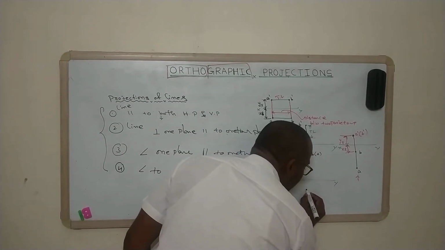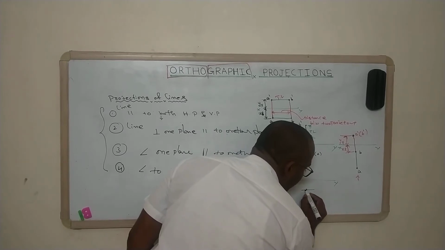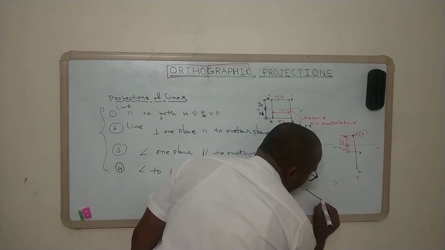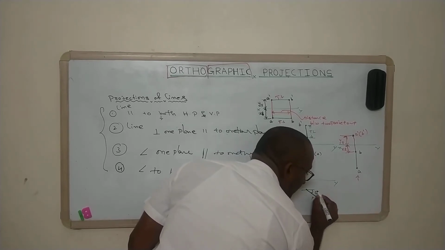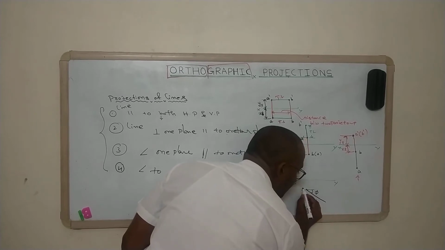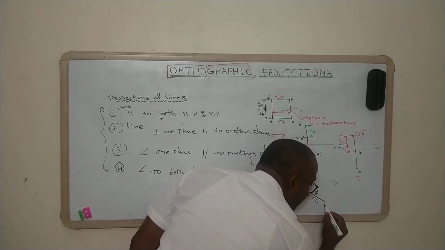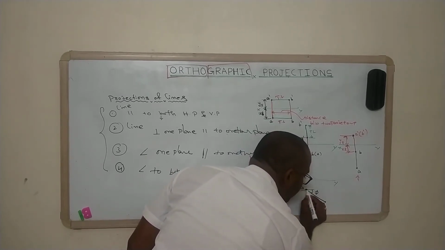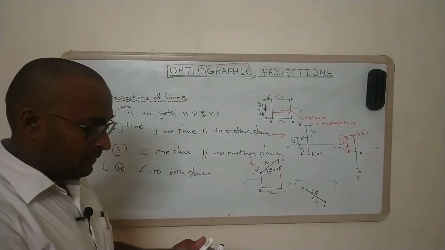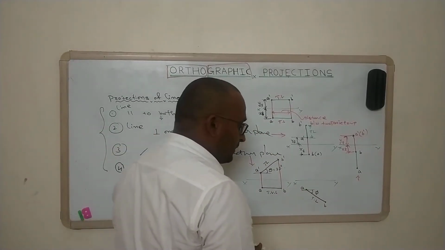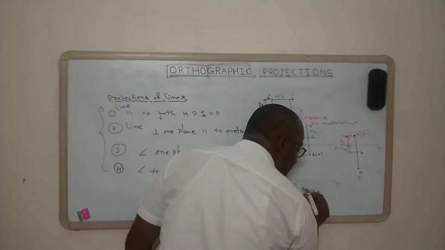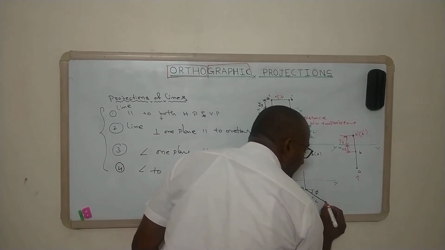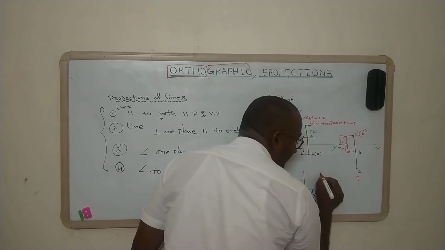So the point, and then this is the angle, and this is the true length of the line. Here that is phi, A, B, right? Then we project that AB line upwards with straight vertical projectors.